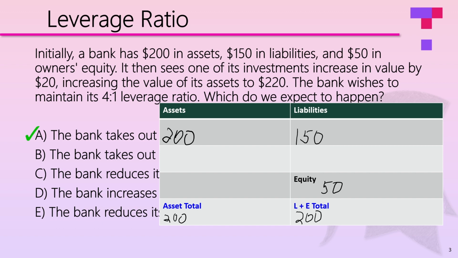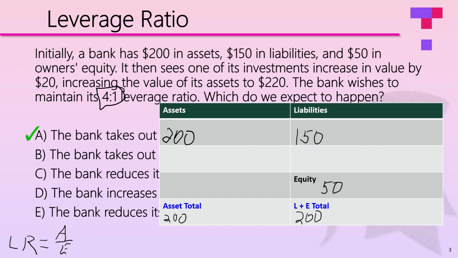It then sees one of its investments increase in value by $20. But first, before we do that, let's think about the leverage ratio. If you remember, leverage ratio equals assets divided by equity.